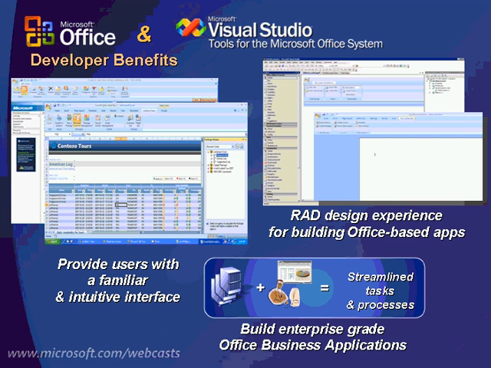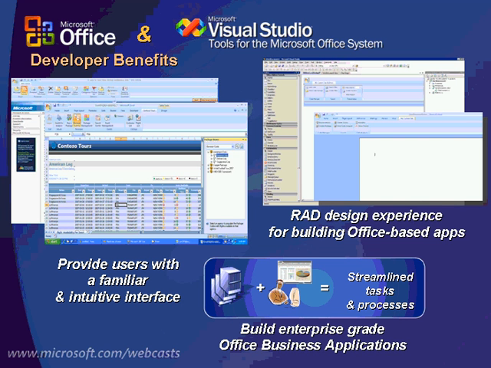With the upcoming version that is going to be a fully integrated part of Visual Studio Orcas, we have now provided a designer, a ribbon designer, so that developers don't have to worry about manipulating the XML, although they still can if they want to. But they can use this designer to literally drag and drop elements from the Windows Form Controls toolbox, let's say, onto the ribbon, and then write code that's necessary to automate any of the processes that they need to do based on interacting with that ribbon control.